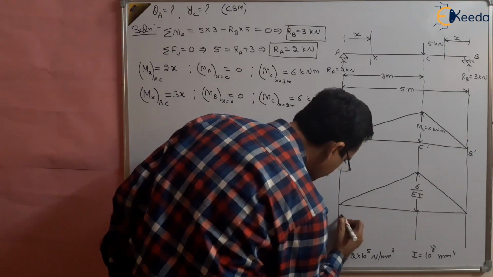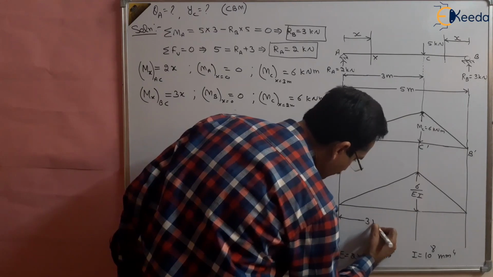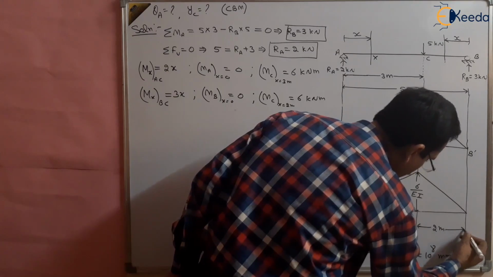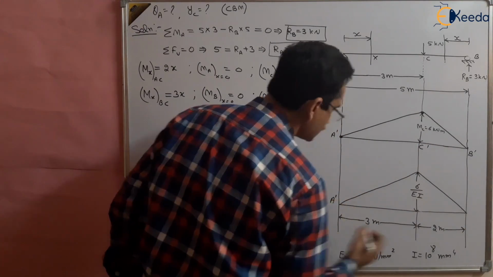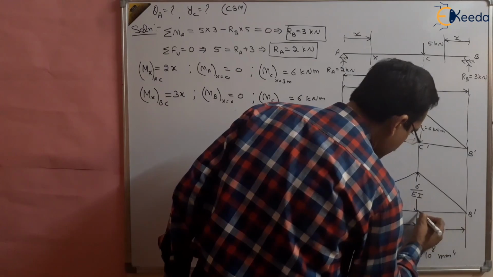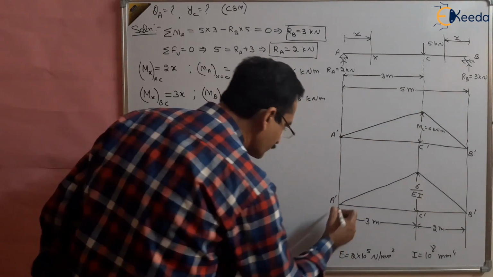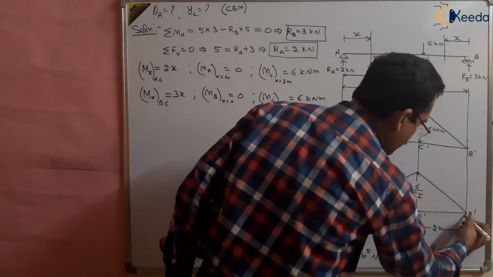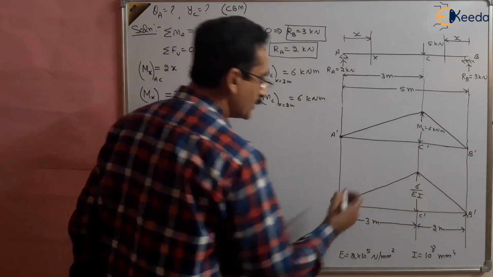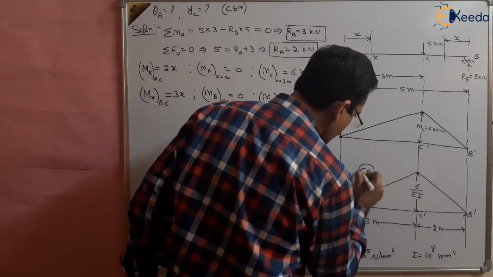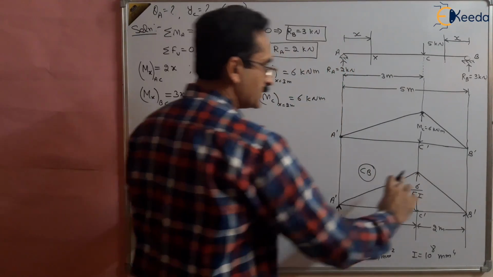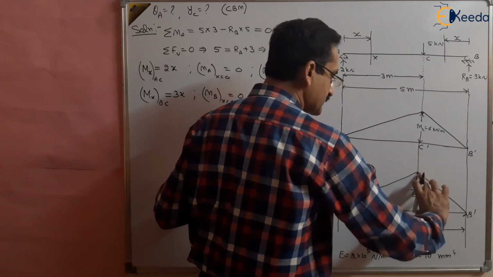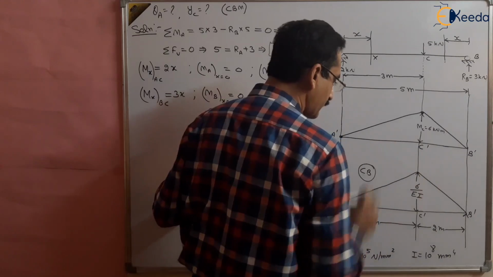This distance is 3 meters, the distance will remain the same, and this distance is 2 meters. This point is A dash, this point is B dash, and this point is C dash. We have to find out first the reaction, because for a simply supported beam the simple supports remain the same for a conjugate beam. So this is the conjugate beam, with 6 by EI height at point C.